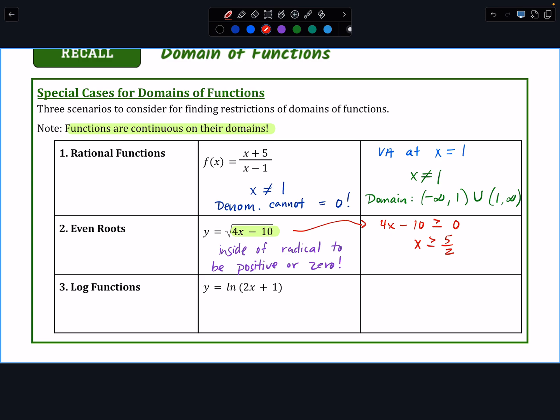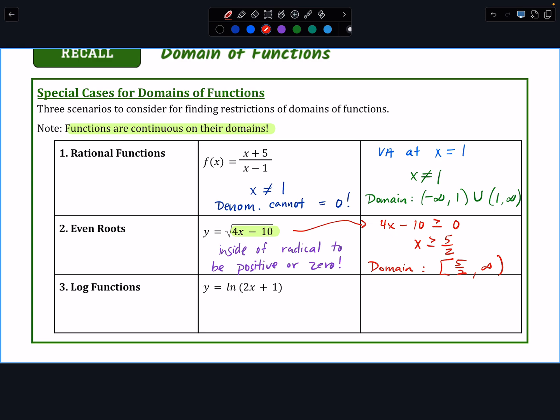Positive infinity, right? So bracket or parentheses? Bracket, right? Because it's equal. So the domain would be bracket 5 over 2, comma, infinity. Do we ever use brackets for infinities?